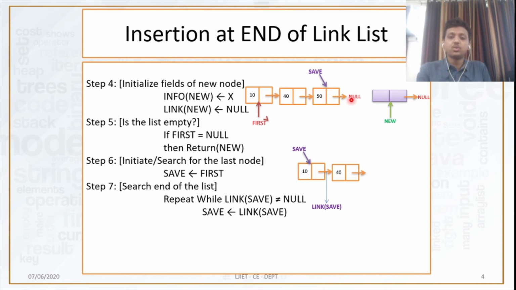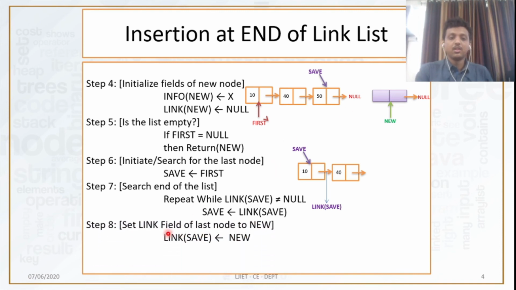If I want to insert this new node at the end of the linked list, I just need to connect the link of the end node to the new node. This is my new node, this is my last node. This is save, this is new. So the last step is, link of save should point to new.